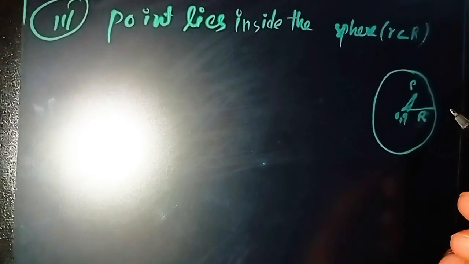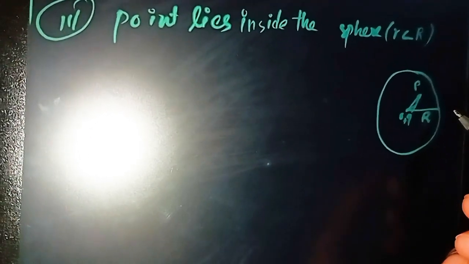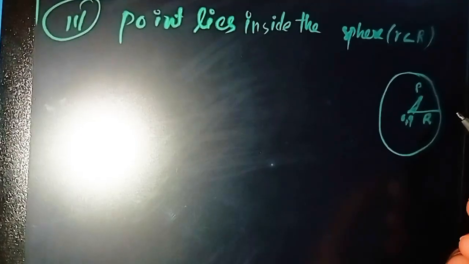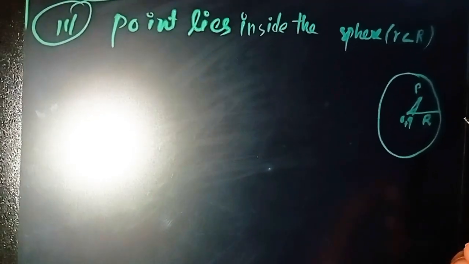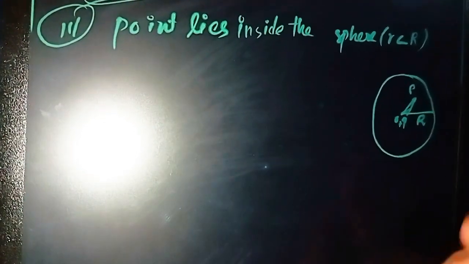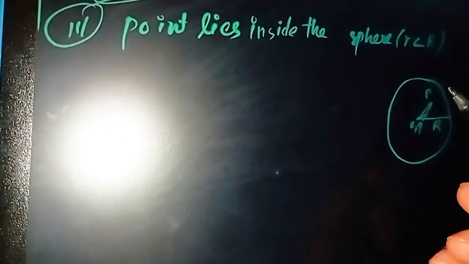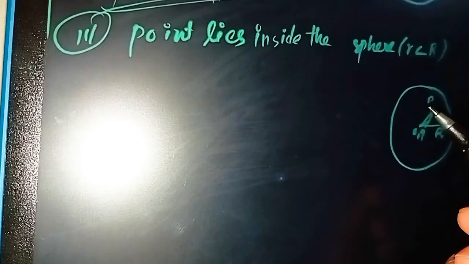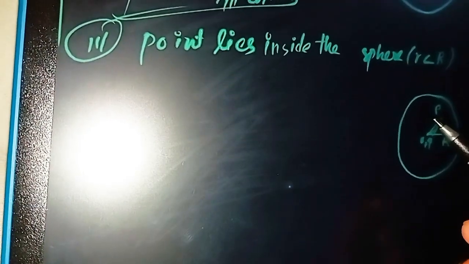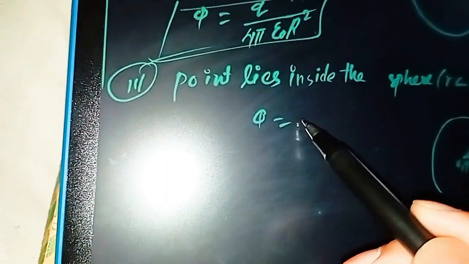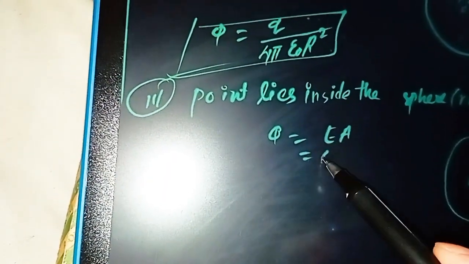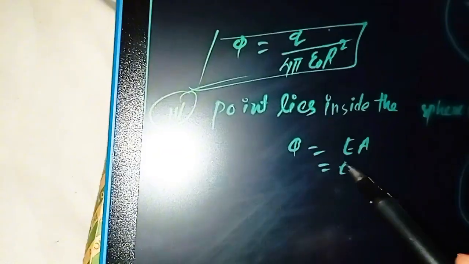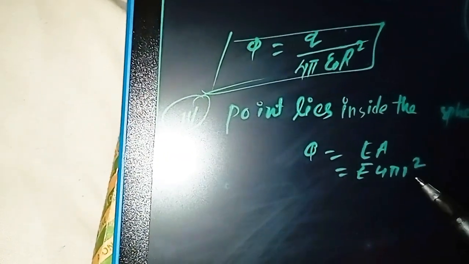When the point P lies inside the charge sphere, we form a concentric sphere through it. As this surface lies inside the sphere, the new concentric sphere does not enclose any charge, because the charge lies on the surface of the conductor. Now we can say total flux phi is equal to EA, that means E into 4 pi r square.